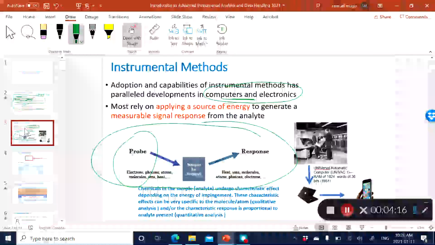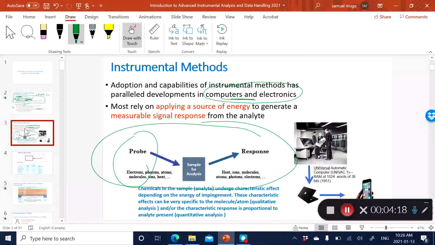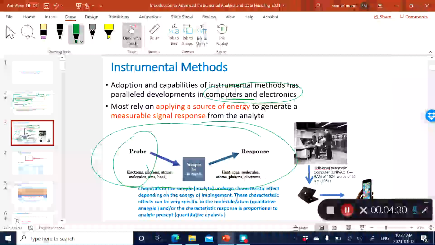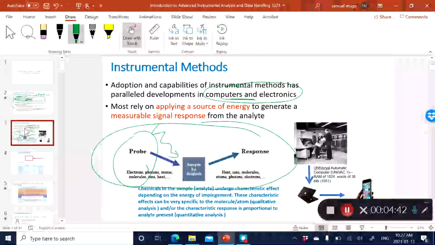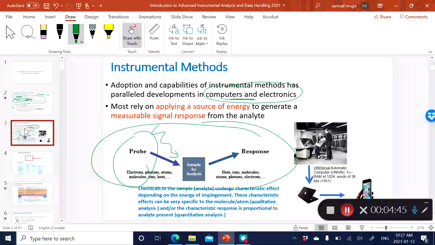The energy can be photons, that's the most common, but it can also be electrons, atoms, ions, or even heat. And so you take those forms of energy, and it impinges on the sample, and the chemicals in the sample undergo a characteristic effect that is dependent on the energy of impingement.